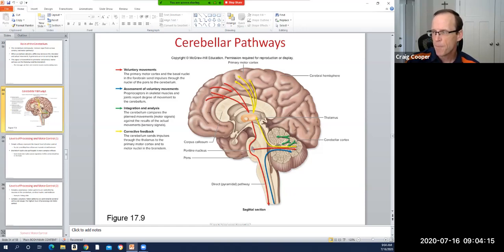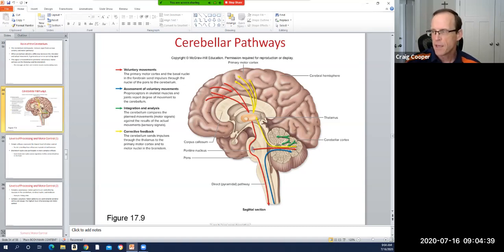And then the cerebellum needs to figure out what it needs to do about that. So these green ones are integration and analysis. It's comparing what the gross motor plan is, how that is going to match up with where my body actually is, and how I need to tell those motor neurons to fire to change their sequence of firing a little bit.